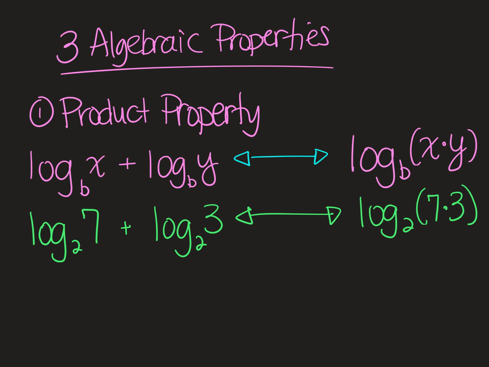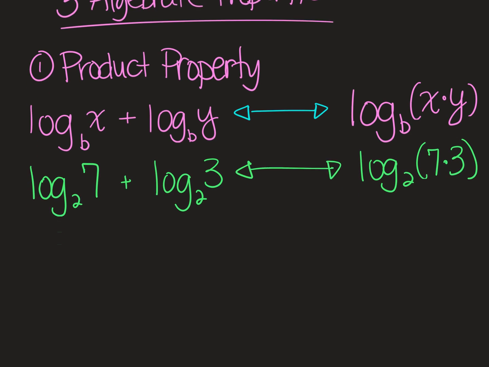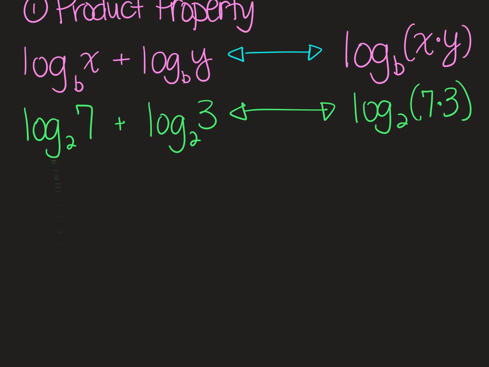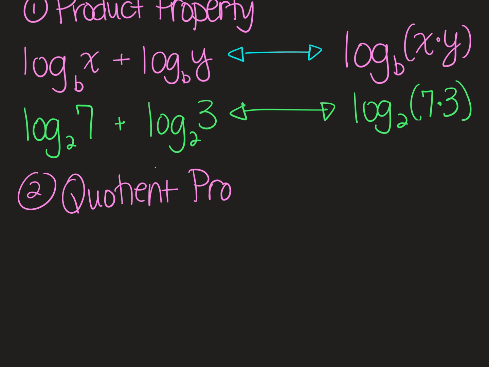So that's our product property. The second property will be a quotient property. And again, much like the name implies, we're going to see some kind of a quotient happening here.